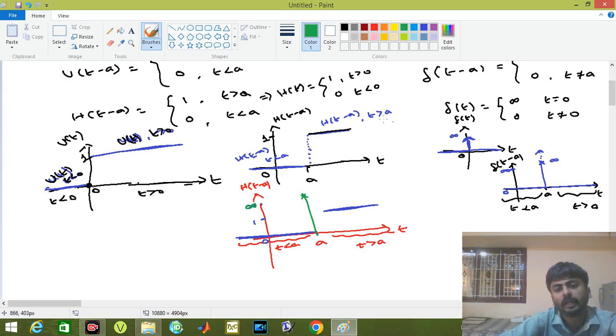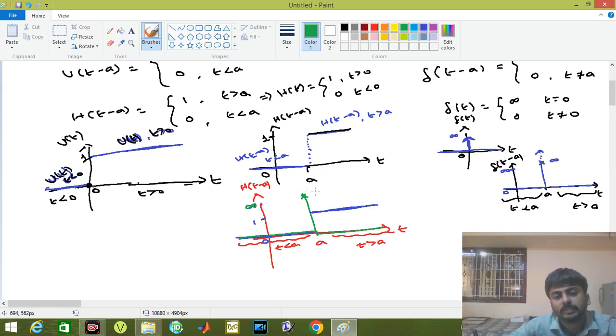After t equal to a, the delta function becomes 0. Not only that, here you can see there is a green line coinciding with this blue line.